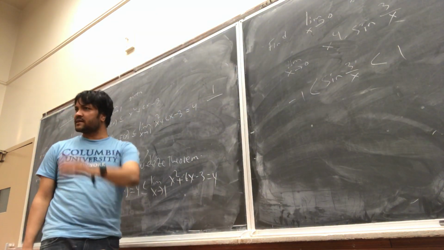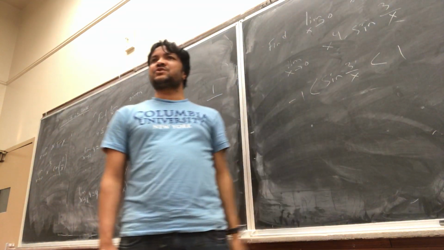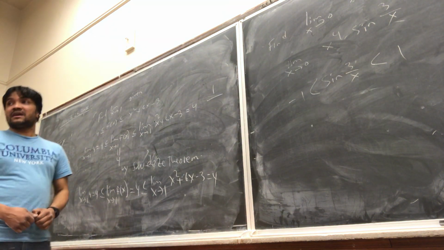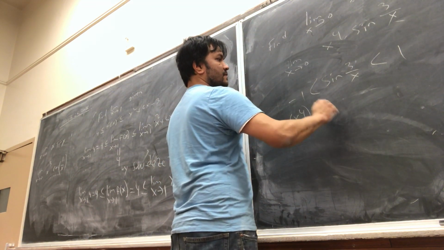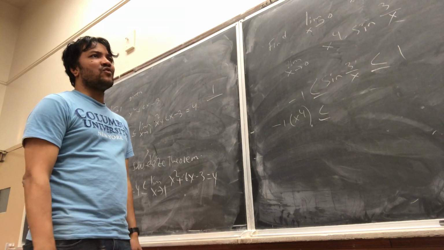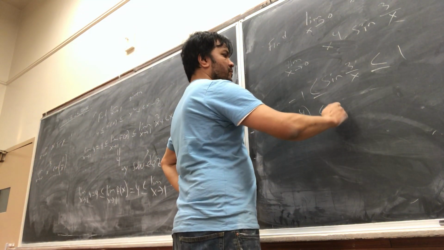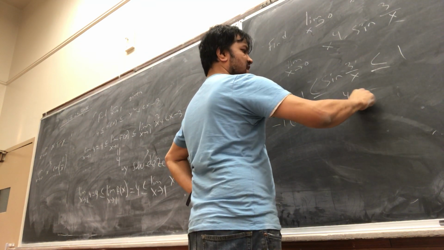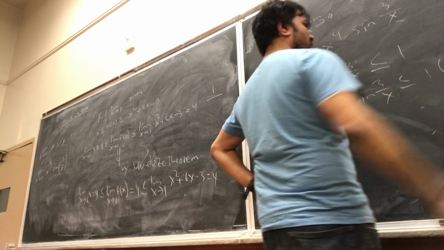The point of interest before was x squared. This time the point of interest is x to the 4. So negative 1 times x to the 4, less than or equal to x to the 4 sine 3 over x, less than or equal to 1 times x to the 4.